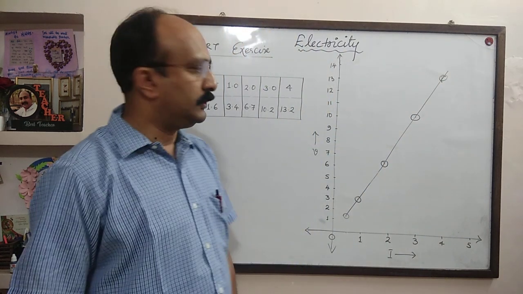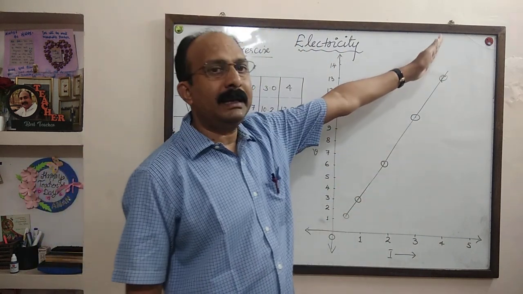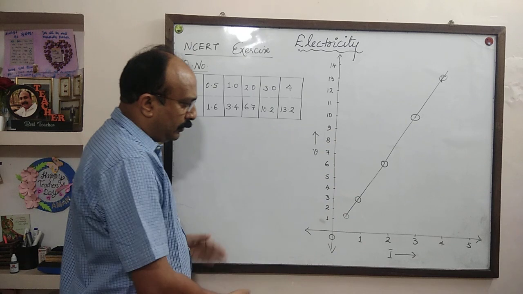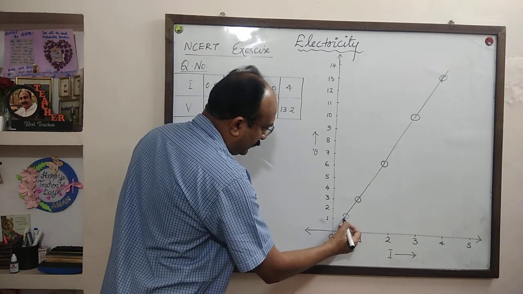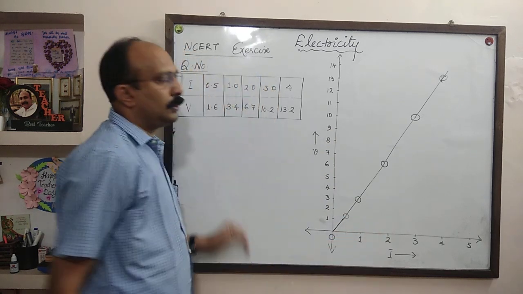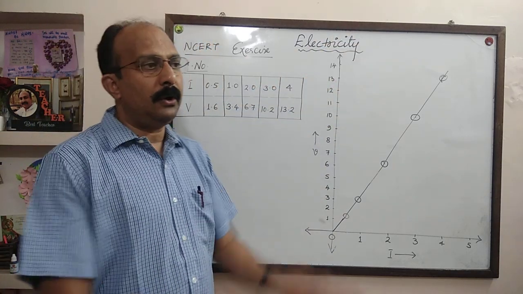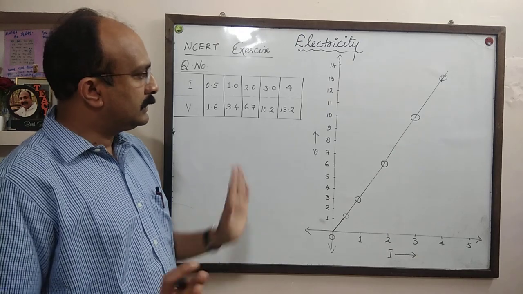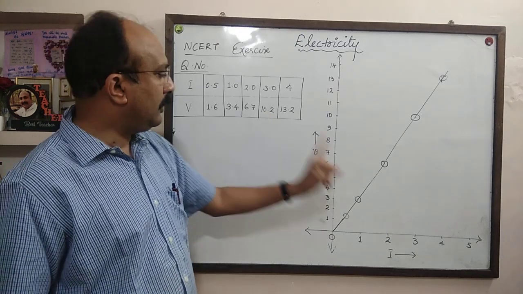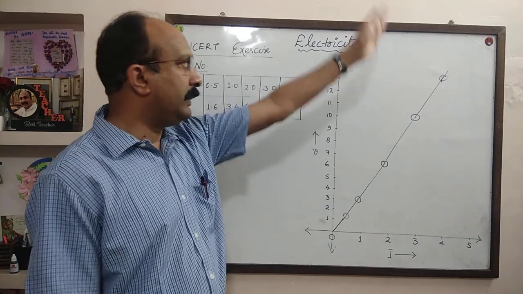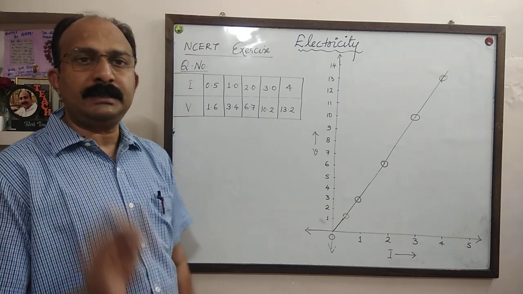When you join them together, you can see that you will get a straight line. And on producing, this straight line will meet the origin also. So, VI graph must be always something like this. So, the first part is over. We have plotted VI graph and we got a straight line. So, our graph is correct.